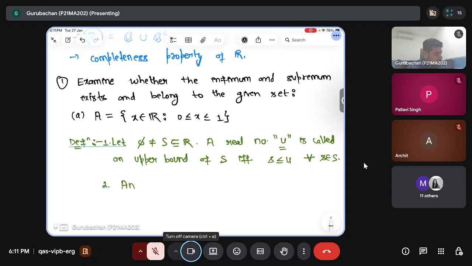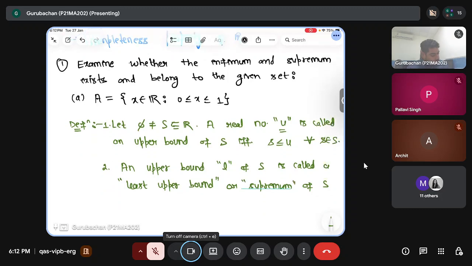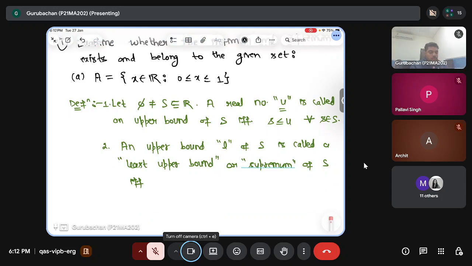So an upper bound L of S is called a least upper bound or supremum of S if and only if L is less than or equal to u for all upper bounds u. So among all the upper bounds, it is the least one.